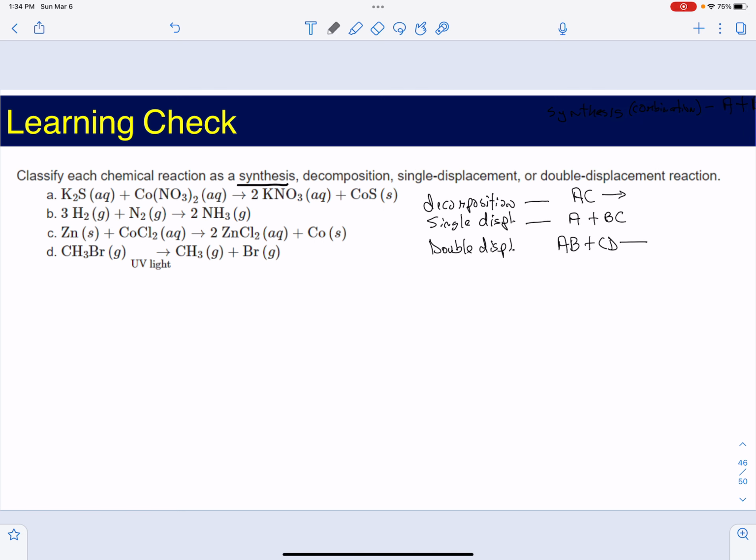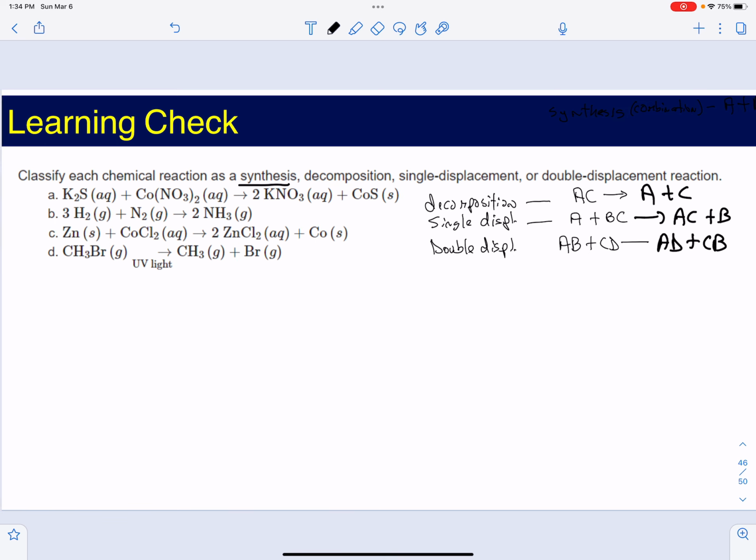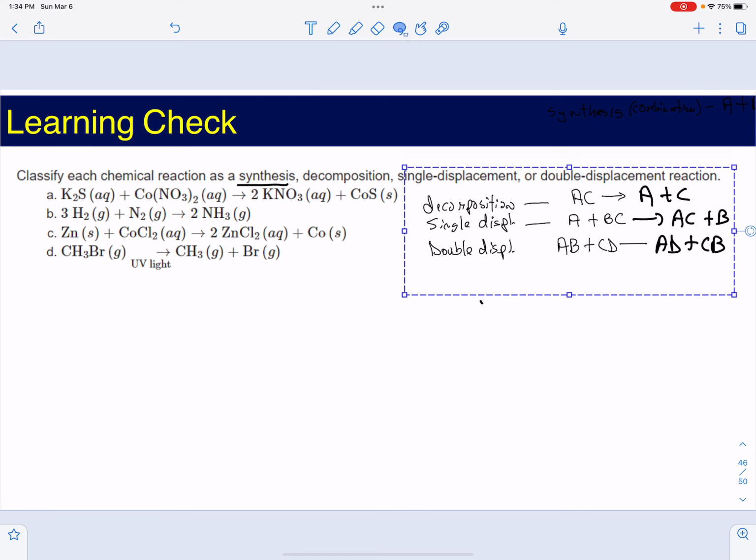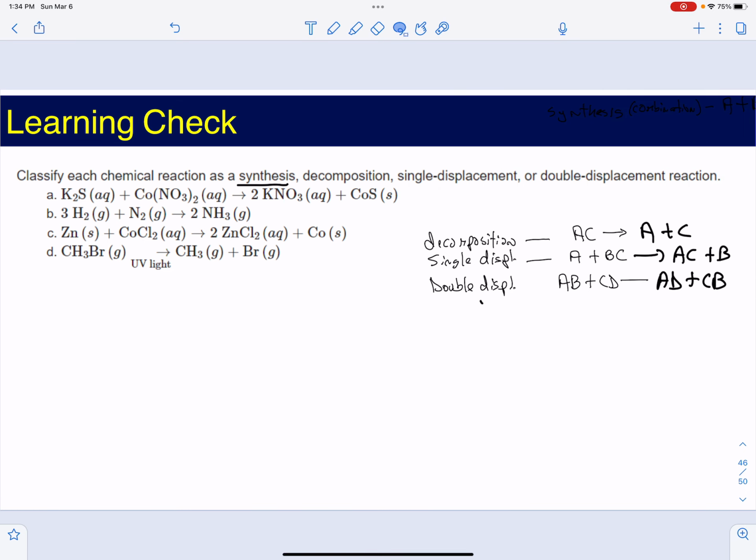AC creates A and C. Single displacement: ABC creates AC plus B. And double displacement: AD plus CB. And I believe we are missing synthesis, where A plus C produces AC.